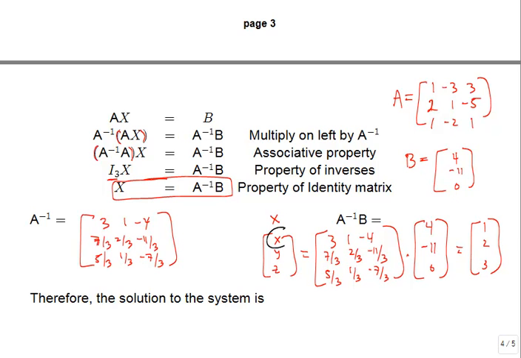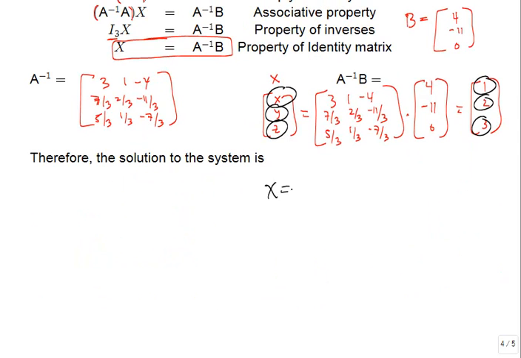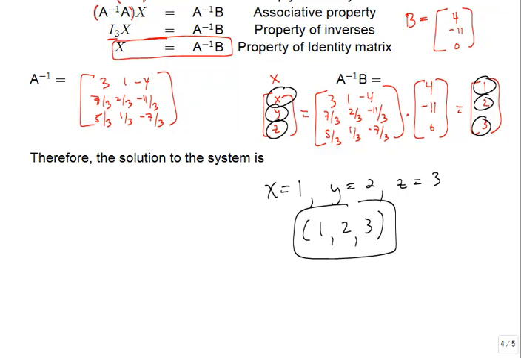So what that means is that X is 1, Y is 2, and Z is 3. So our solution, X is 1, Y is 2, Z is 3, or if you want to write it out as an ordered triple, the ordered triple 1, 2, 3.